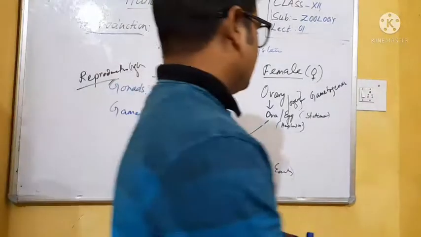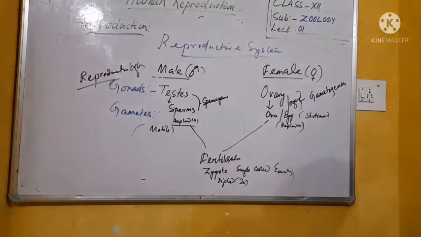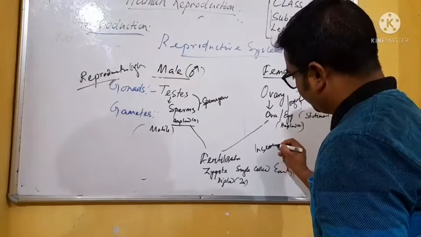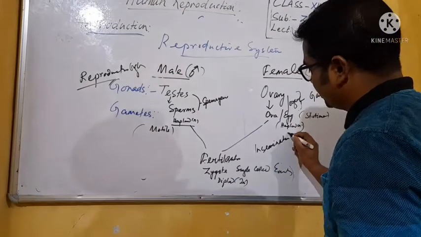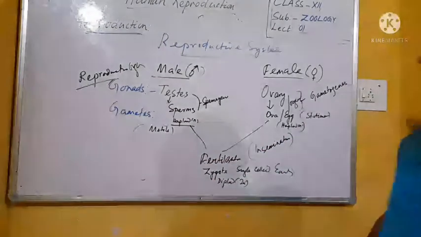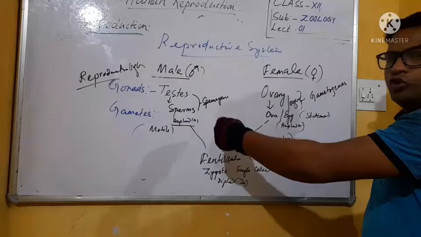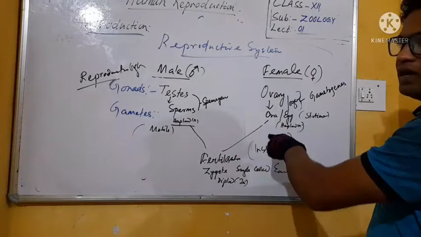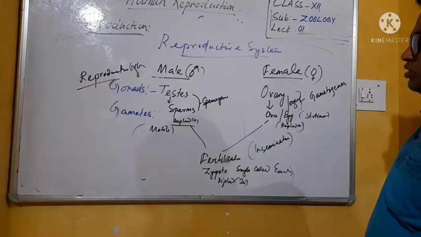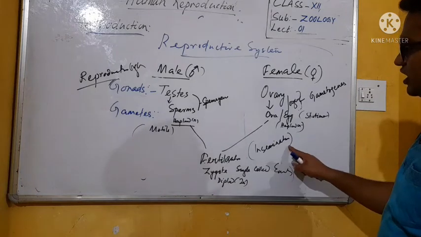By the process of insemination. What do you mean by insemination? Where sperm is moved to ova through the female tract. So this is known as insemination.